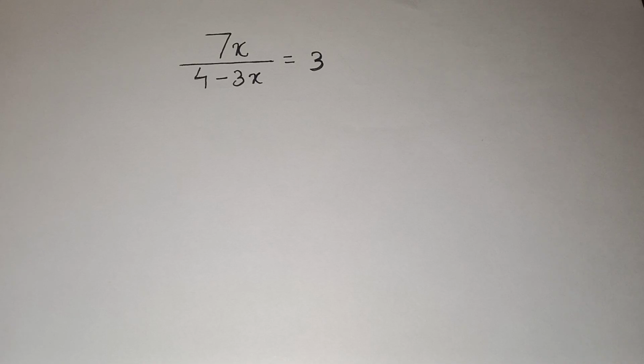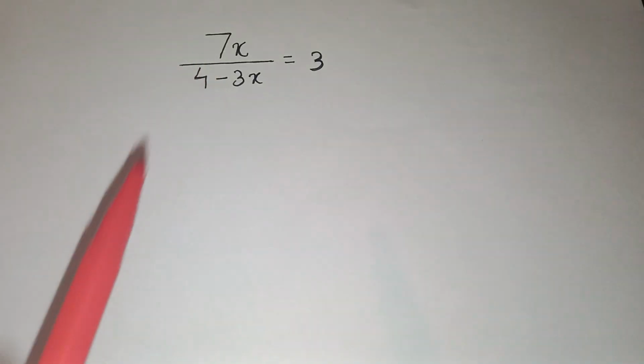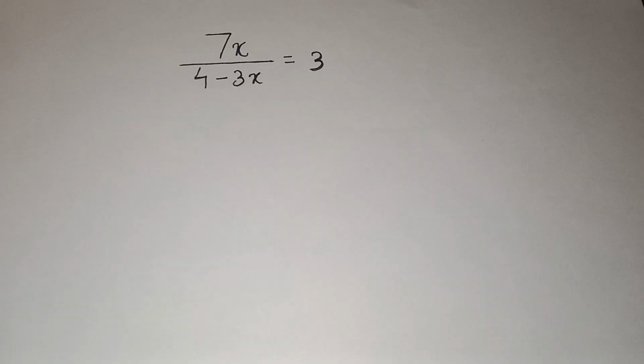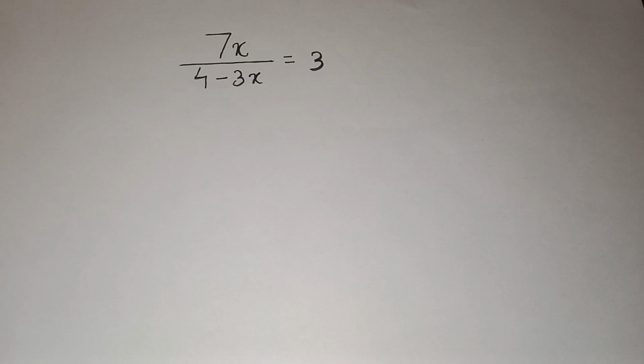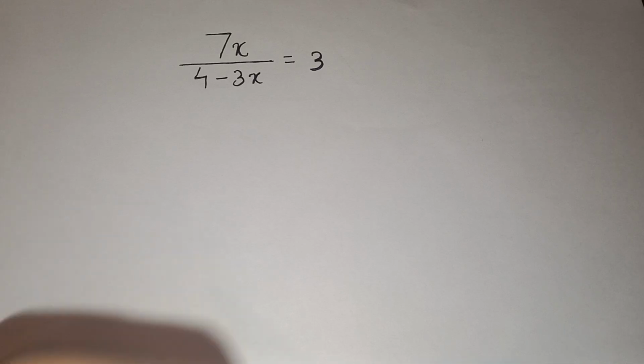How will we do it? 7x will be multiplied by 1, because the denominator of 3 is equal to 1, and 4 minus 3x will be multiplied by the number 3. We will cross multiply first, then solve it by collecting like terms.